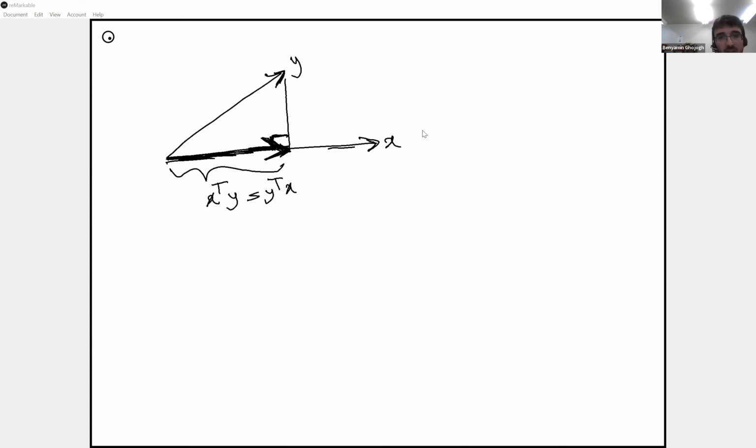So you can say inner product is the length of projection of one of the vectors onto the other one. Again, you can project X onto Y and get this length. These two lengths are equal. So yeah, this is inner product and what it means.